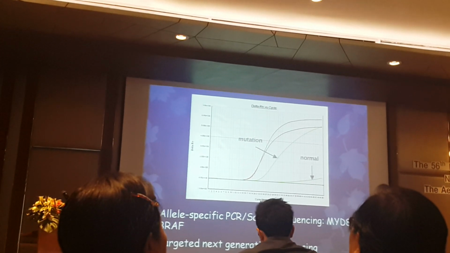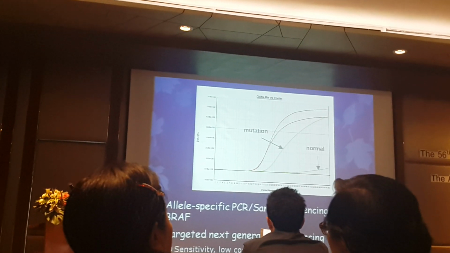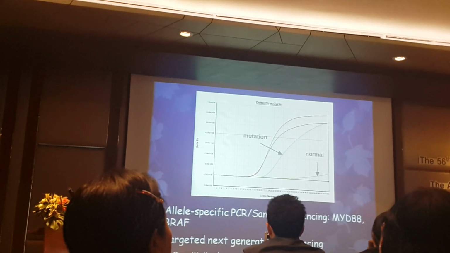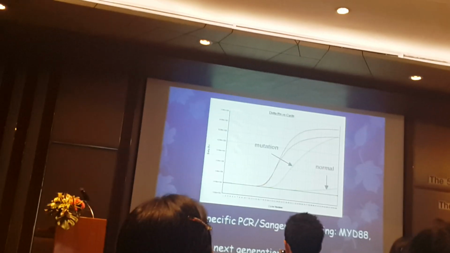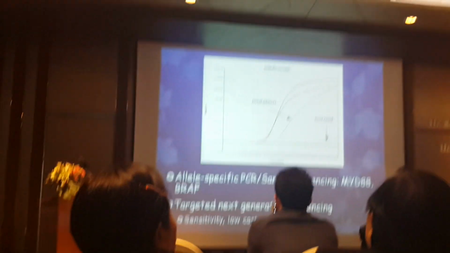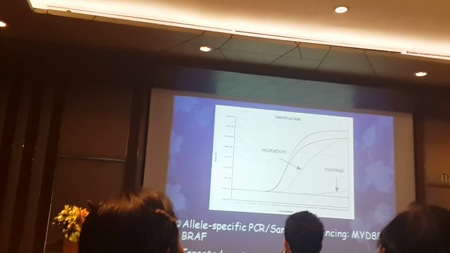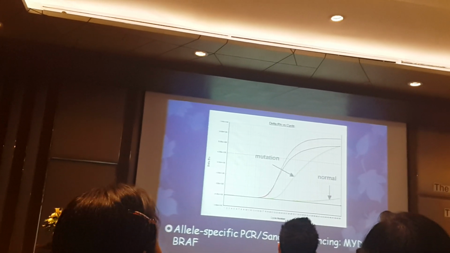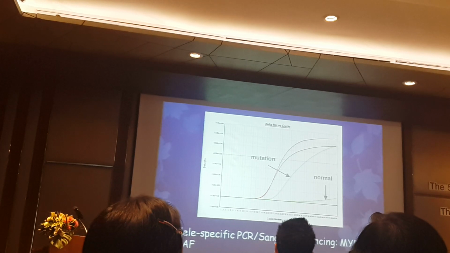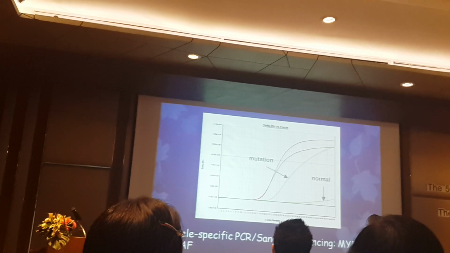Since you know the type of mutation is not a whole lot, just one kind involving one nucleotide change, you design a primer that will only bind when the mutation is present. So if there's an A to C mutation, you design a primer that binds when the mutation is present.